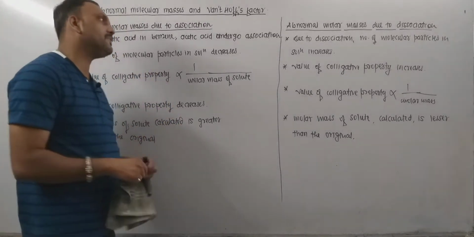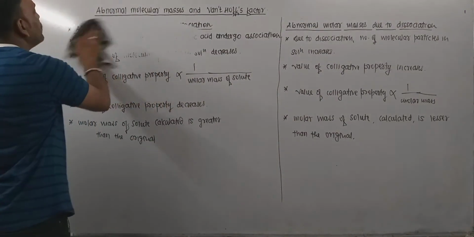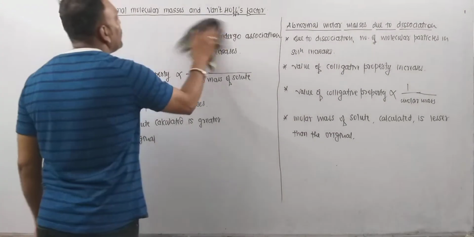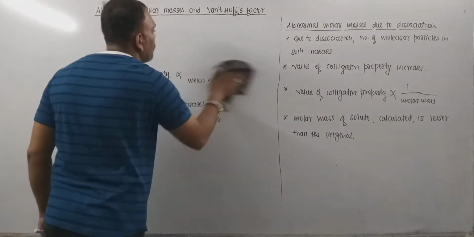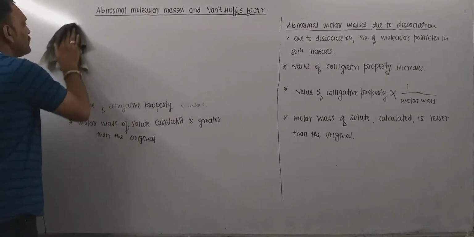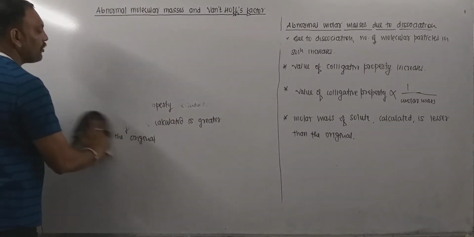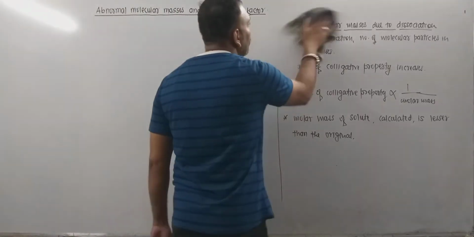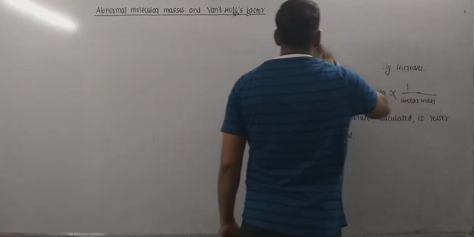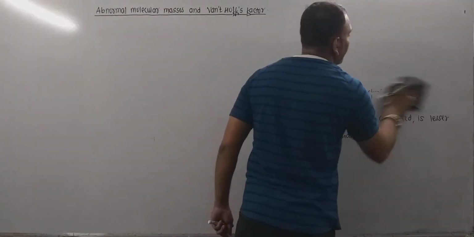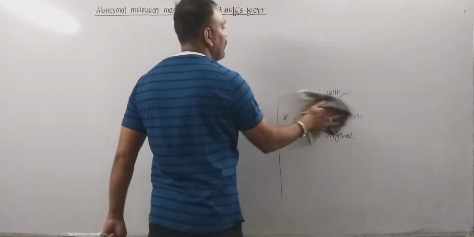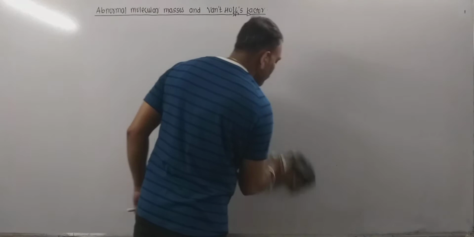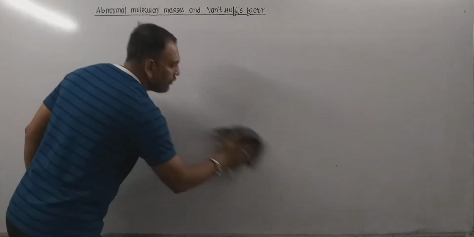There comes a deviation while calculating the molecular mass. So in order to fix this problem, Van 't Hoff introduced a correction factor, which we call Van 't Hoff factor. It is a correction factor by using which one can fix these problems.